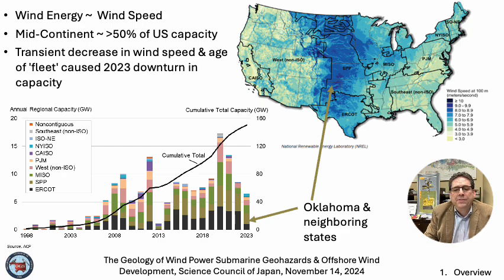And so as a result, that's where a lot of the wind turbine placement is. And similarly, the black and dark green bars in the cumulative plot of regional capacity for the U.S. are Texas in black, and then the mid-continent in that greenish color. In fact, Oklahoma comprises a big chunk of that.